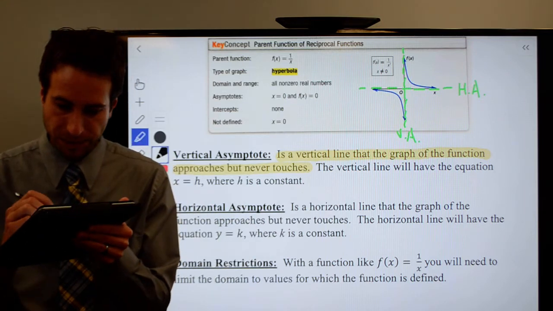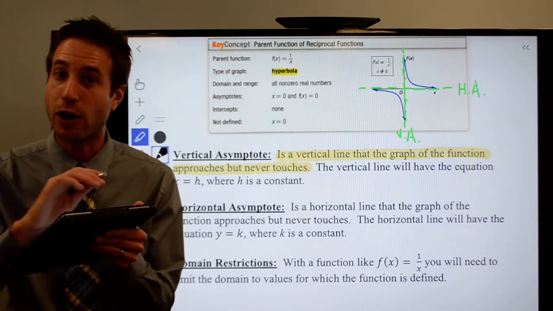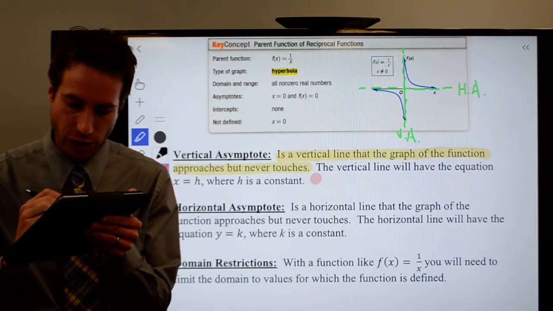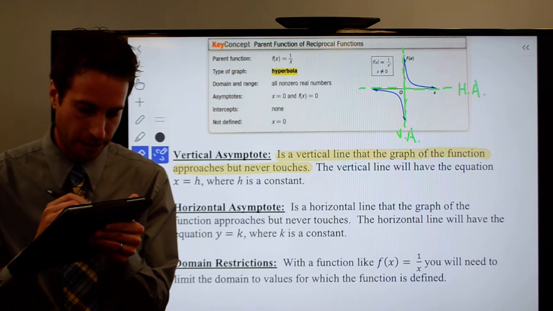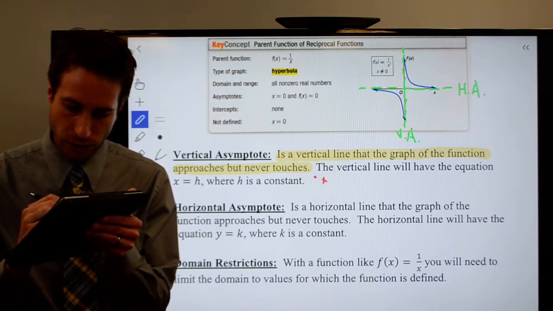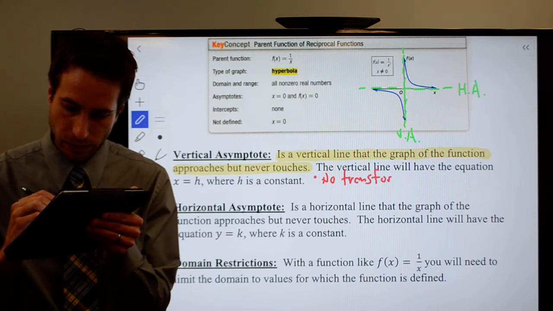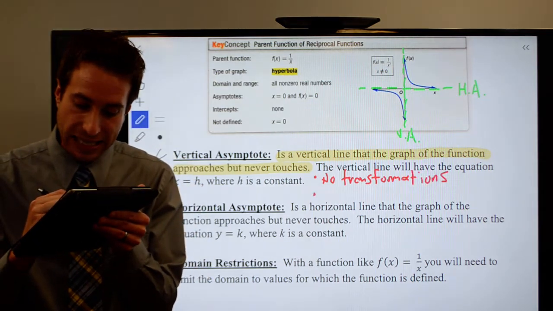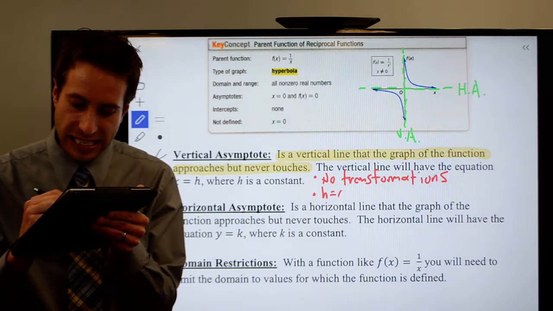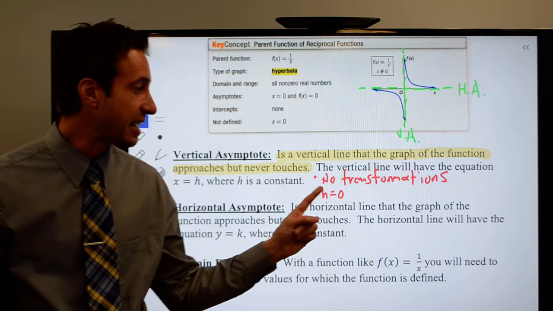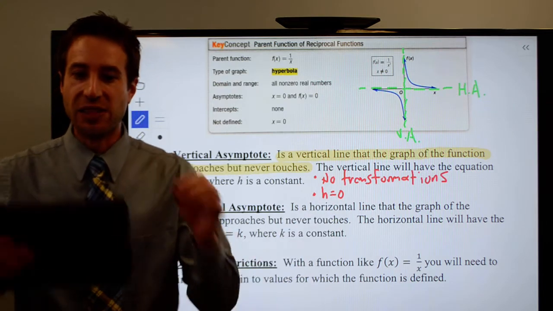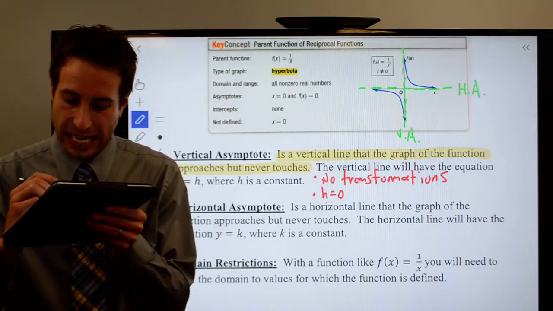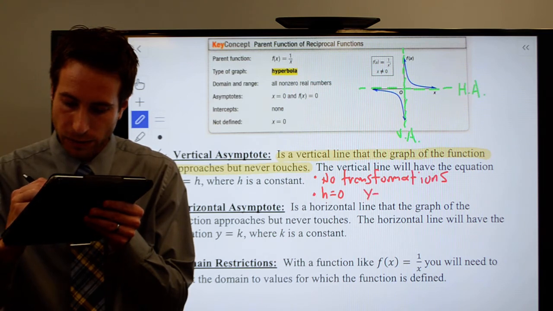Now again, my reciprocal function, if there are no transformations, that means that h is equal to 0. And if h is 0, the y-axis will be the vertical asymptote.